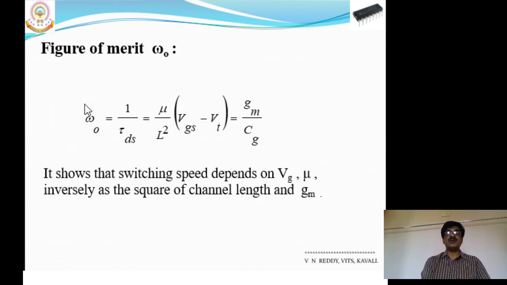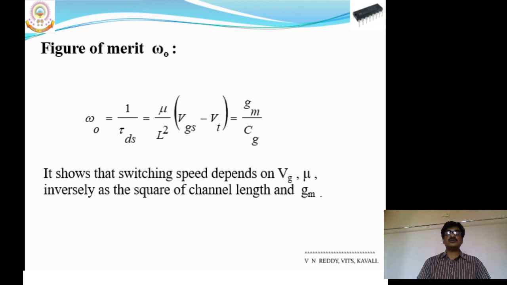So omega naught is directly proportional to gm, but inversely proportional to gate capacitance. From this expression, you can say that if gm is high, the speed of the system is also high.